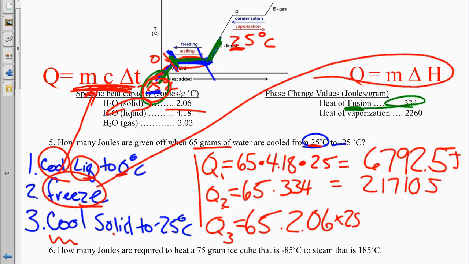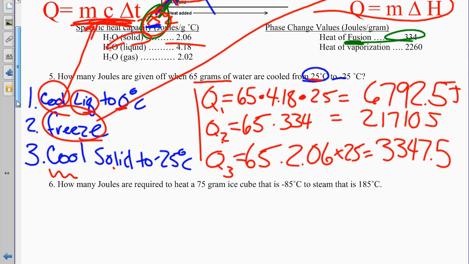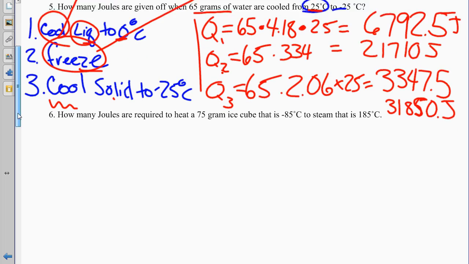We can keep that positive number because it's just a change. So that number would be 3347.5. When you add those numbers up, hopefully your calculator spits out a final answer of 31850 joules. Okay, and the key is below this, we have the key posted.